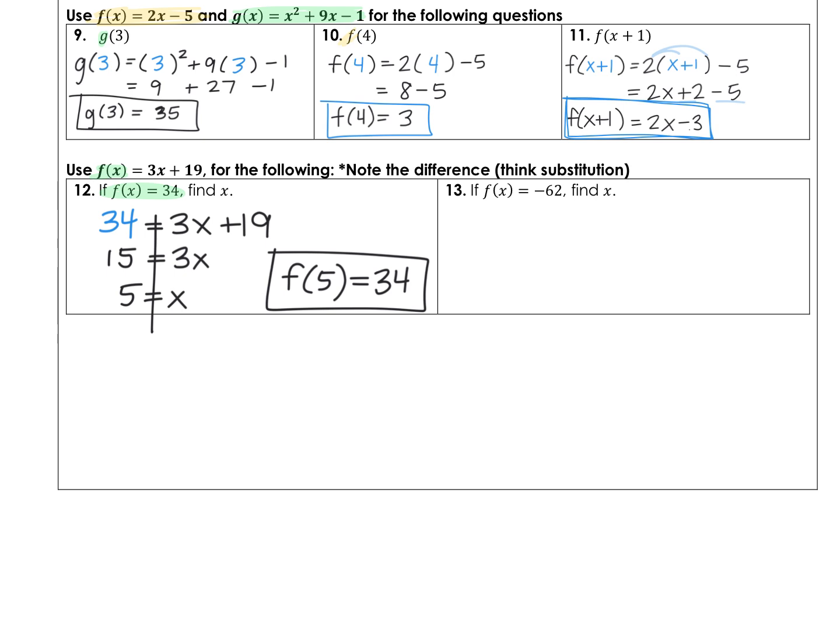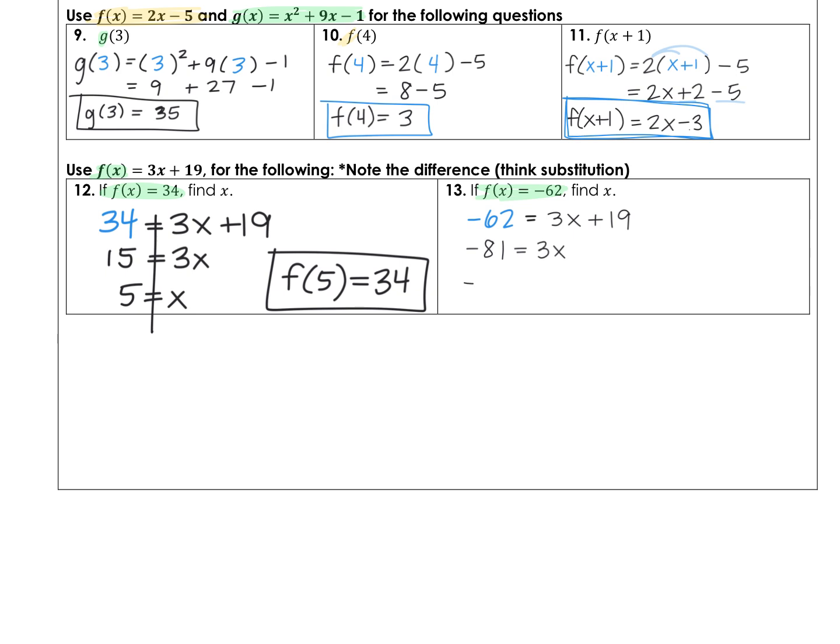Can you try the next one with your table? All right, you should have negative 62 equal to 3x plus 19. You subtract 19 and it gets more negative. What is it? Negative 81.